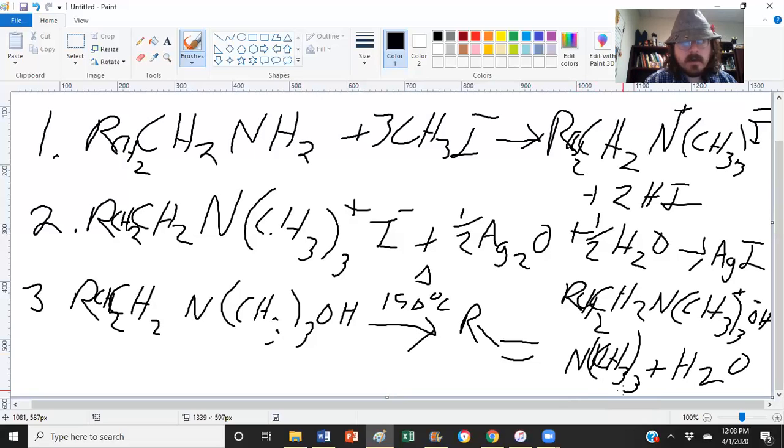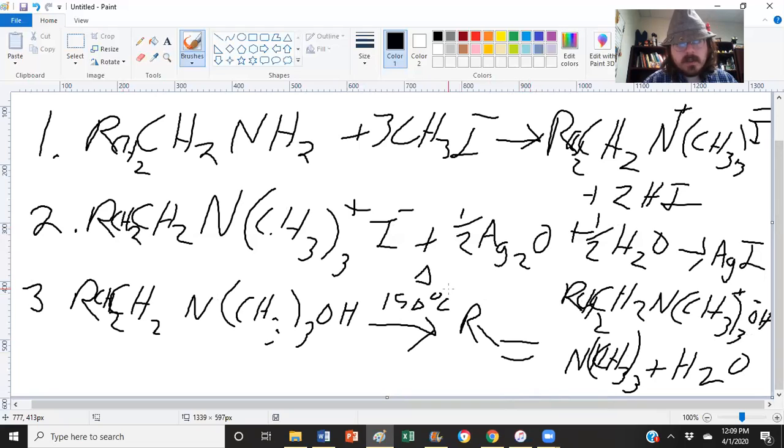Typically you wouldn't want to lose it from this end. If I lost it from an R group that wasn't a methyl, say ethyl, we could get a disubstituted alkene. But this is specifically going to be a monosubstituted alkene.